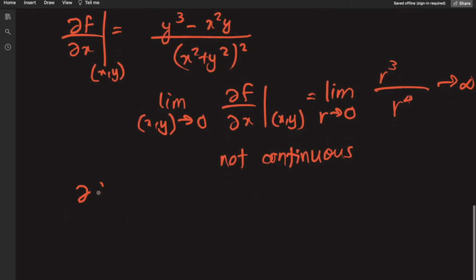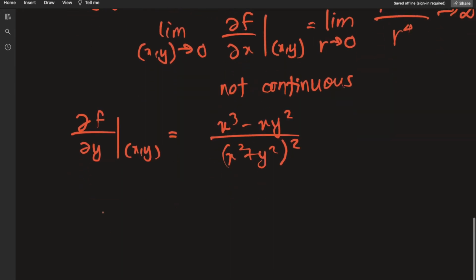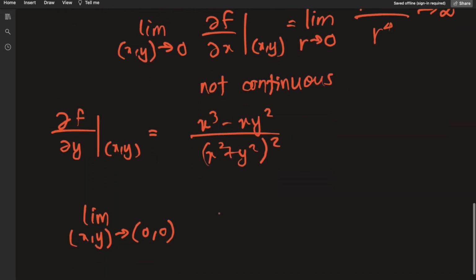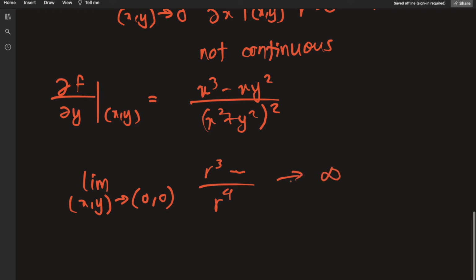If you try to do the same with y, you calculate the partial derivative at any point and you get x cubed minus x y squared over x squared plus y squared, the whole thing squared. And if you try to take the limit as x and y approach 0, 0, you again end up with an r cubed factor on the top and an r to the fourth factor in the denominator, which again diverges.